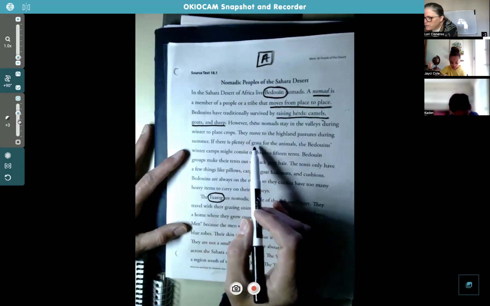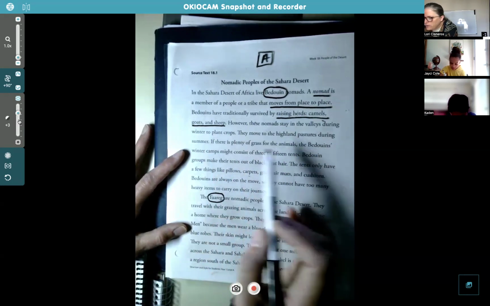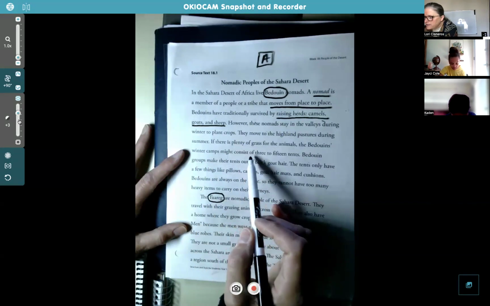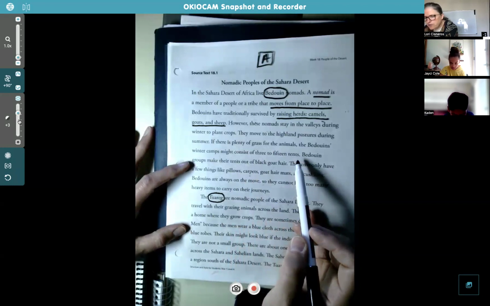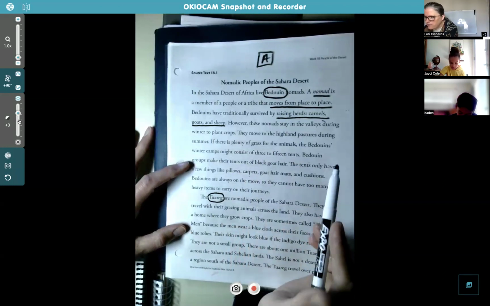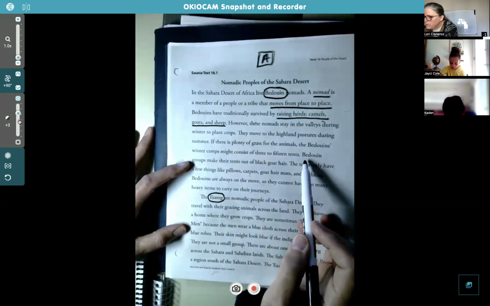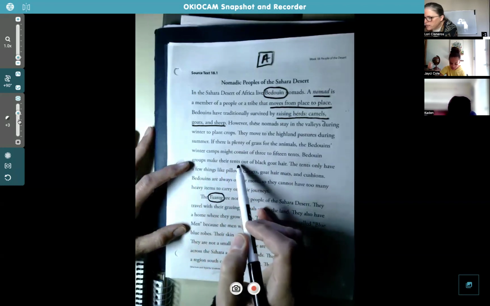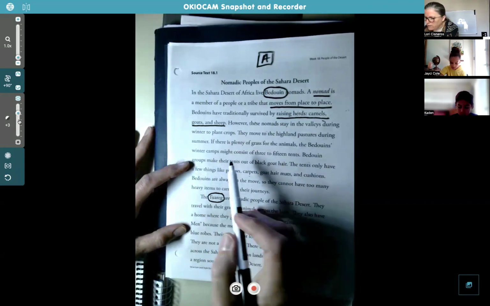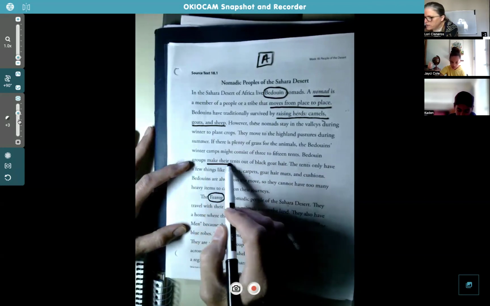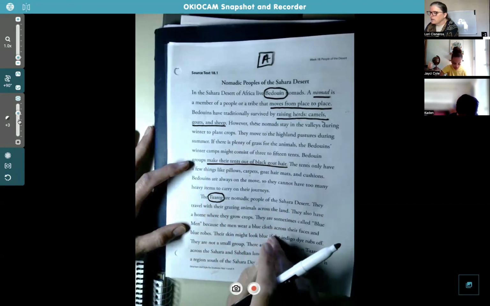If there is plenty of grass for the animals, the Bedouins' winter camps might consist of 3 to 15 tents. Kind of interesting, but I'm not going to underline that yet either. I'm going to keep going. Bedouin groups make their tents out of black goat hair. Okay, that's pretty interesting. I'm going to underline make their tents out of black goat hair.